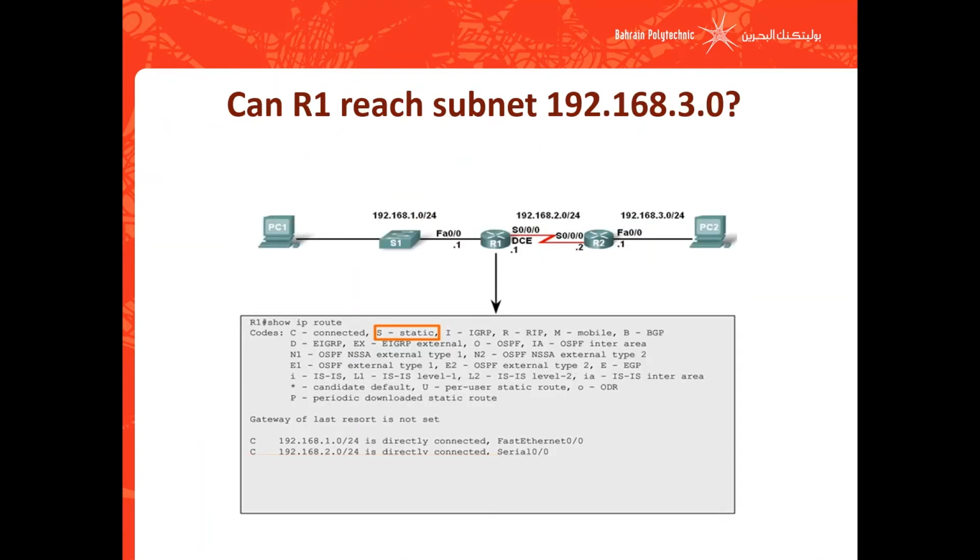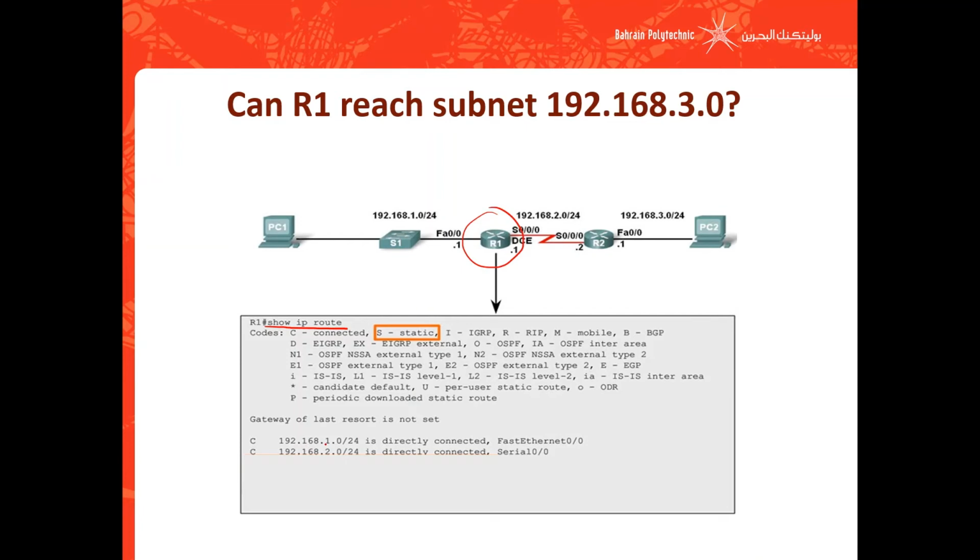Now, let's look at whether router 1 can reach 192.168.3.0. If on router 1 you issue the command show ip route, it will show you the networks that this particular router is connected to.